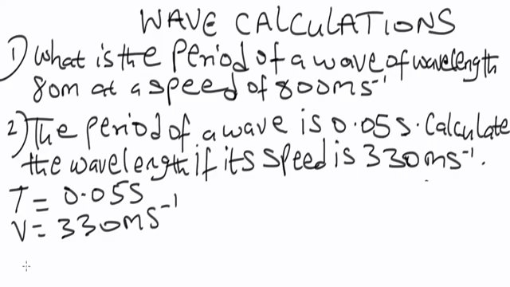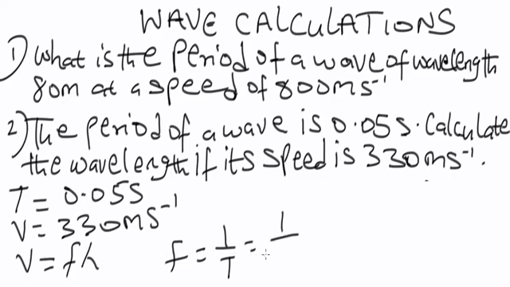So we're going to work with this relationship V equals F times wavelength, which is our lambda. Now we don't have frequency, and in wave motion in physics, frequency can be calculated as the inverse of time. So to get the frequency, it will be the inverse of the time, which here is 0.05. When you simplify it, 1 divided by 0.05 will give us 20 hertz.